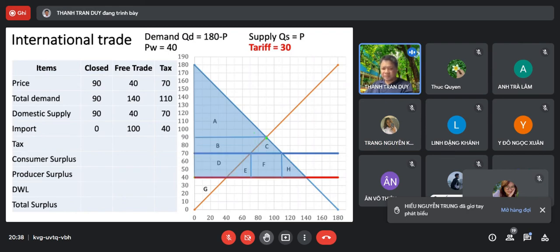And in case of tariffs, it will be 110 multiplied by 110 divided by 2. Do you know how to do this one? Do you know how to draw the diagram in the slideshow? Have you ever tried to draw a diagram like this?